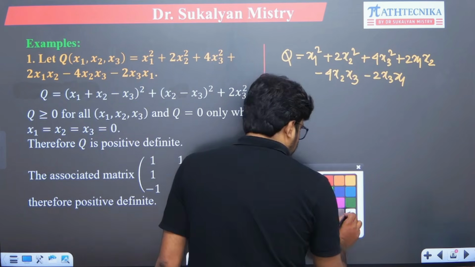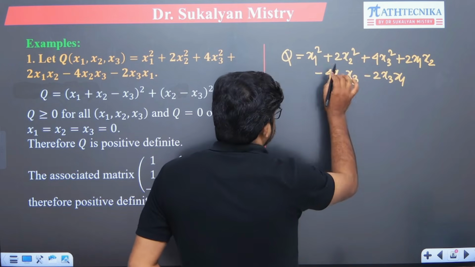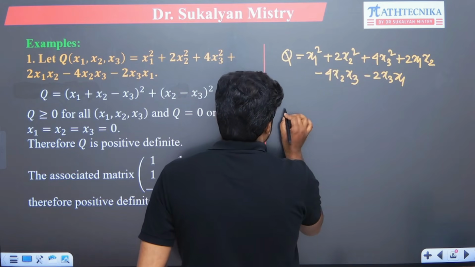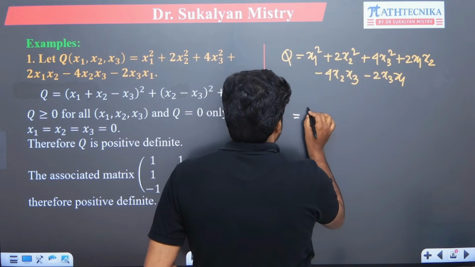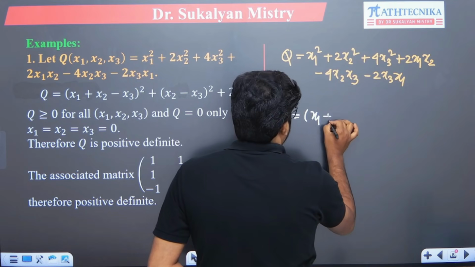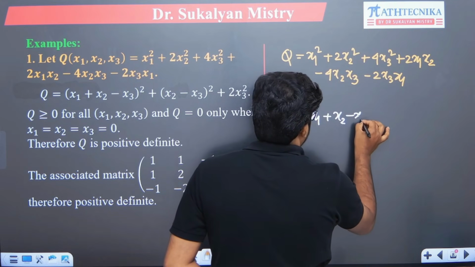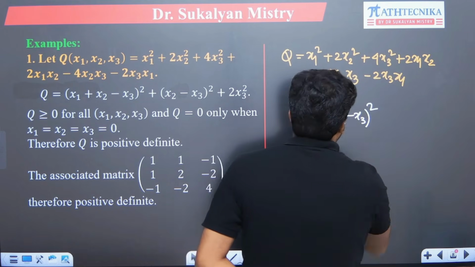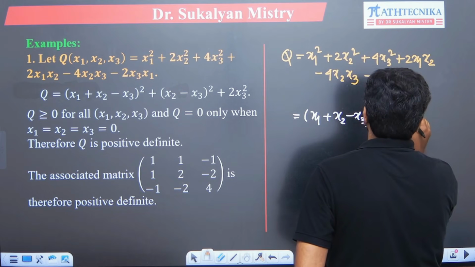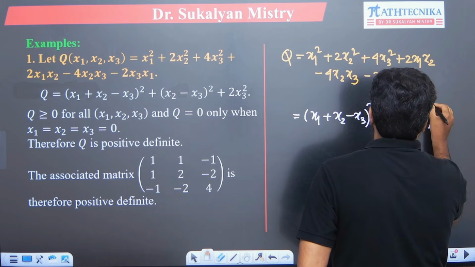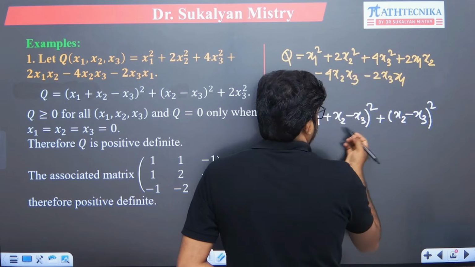See this. This can be written as x1 square plus, this can be written as (x1 plus x2 minus x3) whole square plus (x2 minus x3) square. Okay.